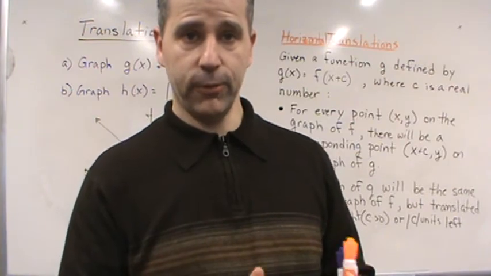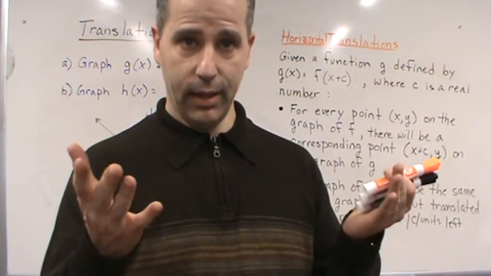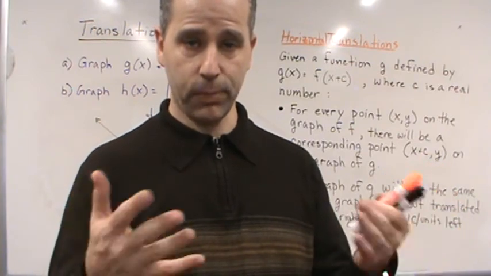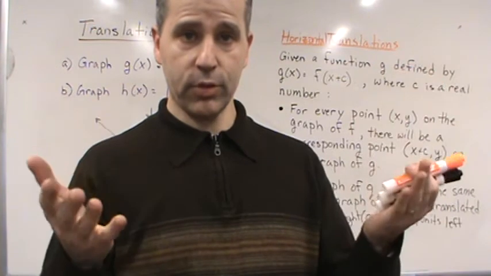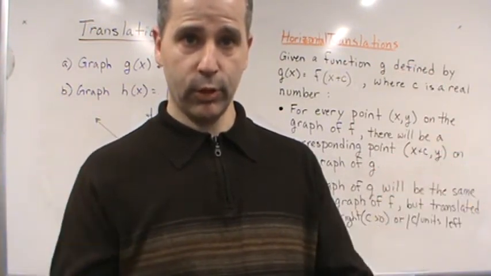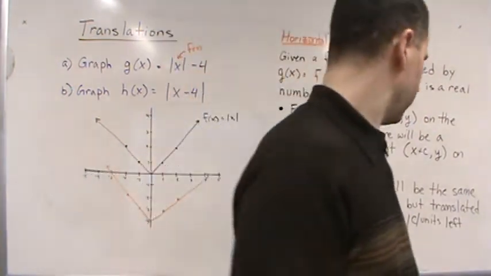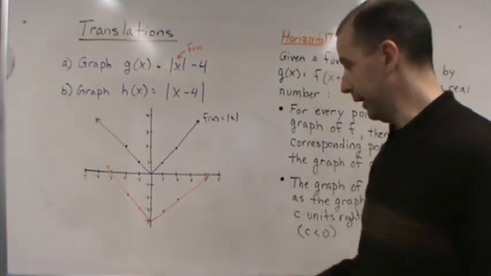If you are outside the function and you add a positive real number, then you're moving up. If you subtract a positive real number, then you're moving the graph down. But in the horizontal, it's opposite what you would think.